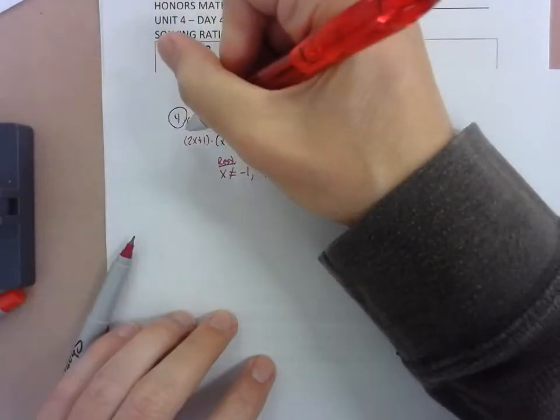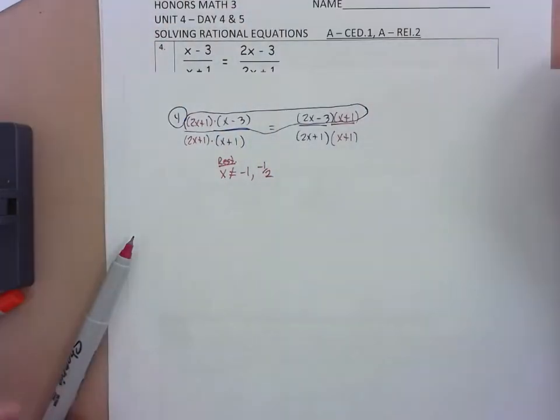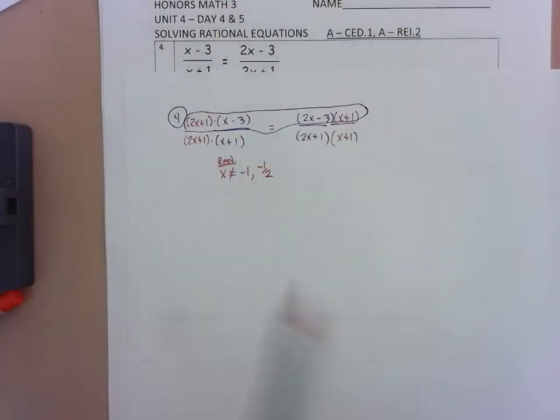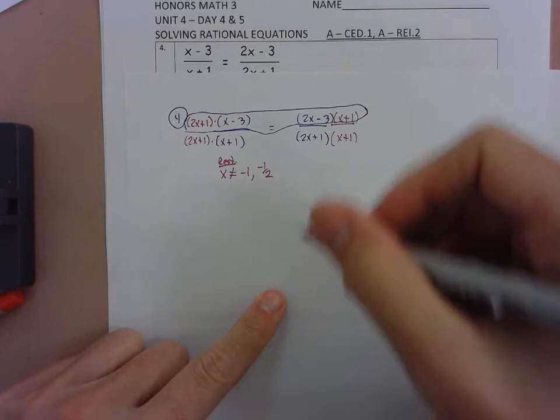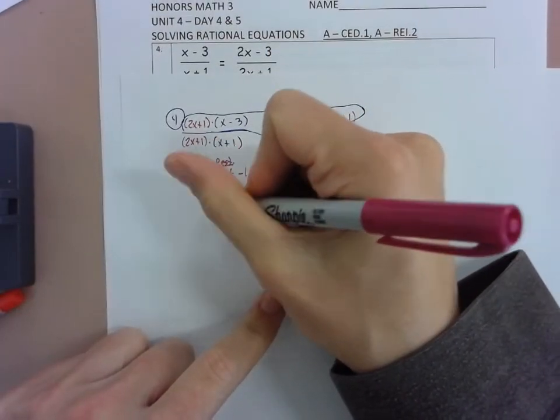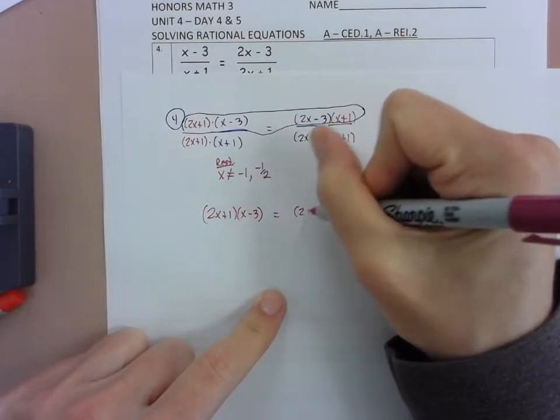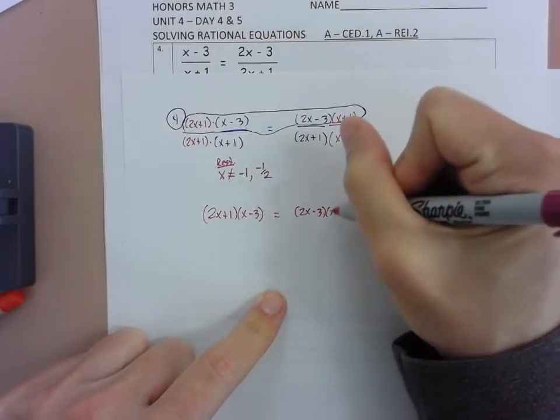All right, my numerator is my equation, which you can think of as a proportion too, and cross multiply. That's essentially what this one is. This is going to be 2x plus 1 times x minus 3 equals 2x minus 3 times x plus 1.